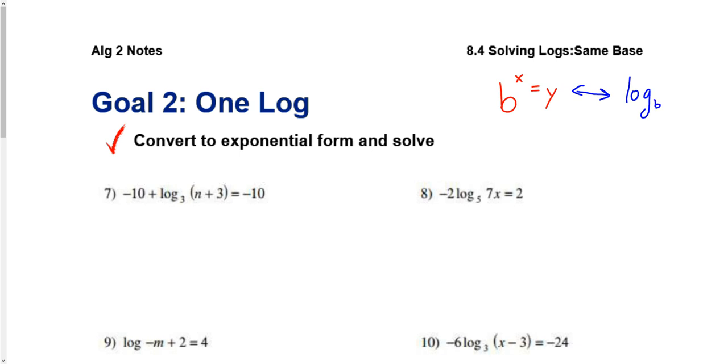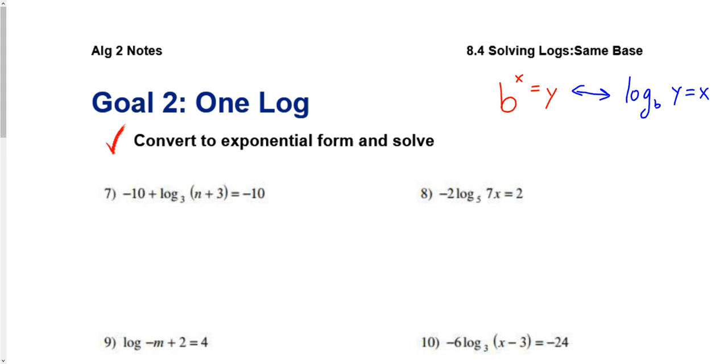And then do you remember what we did with these two things? Yeah, all you do is switch these two. So this right here becomes the y, and this one over here becomes the x. That's what we're going to have to do in these problems right here. The one thing, though, is you got to get the log all by itself before you do your conversion.